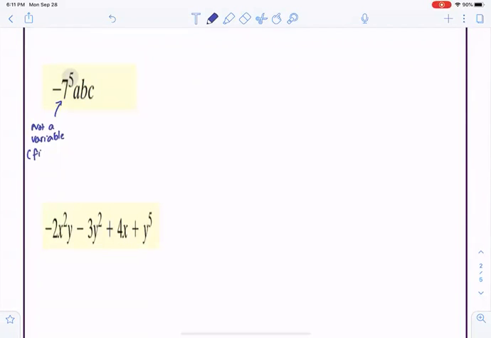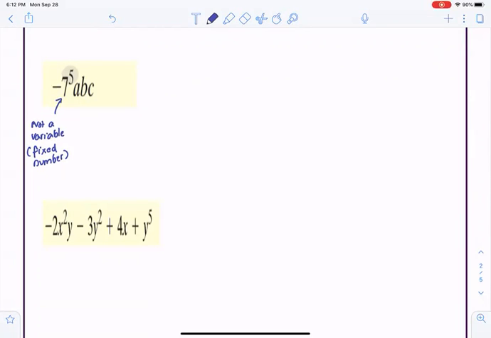It is a fixed number. So we don't look at that power whatsoever. You could have 7 raised to the power of 100, 7 raised to the power of 500. It doesn't matter. 7 is a constant. So we can only look at the variables, which are letters.